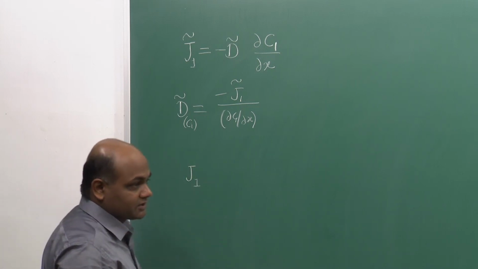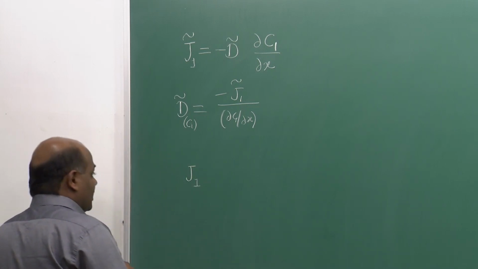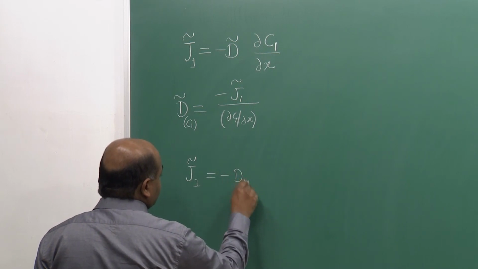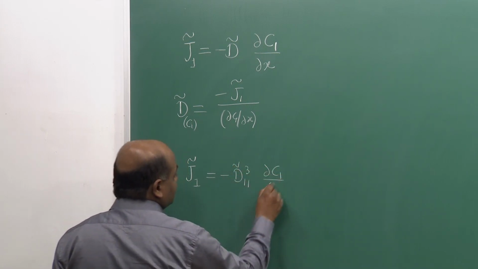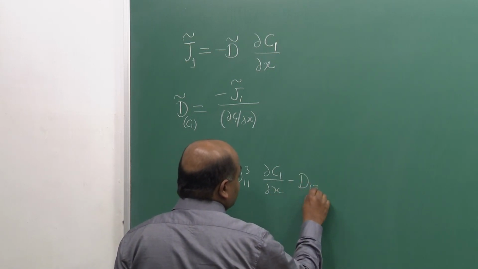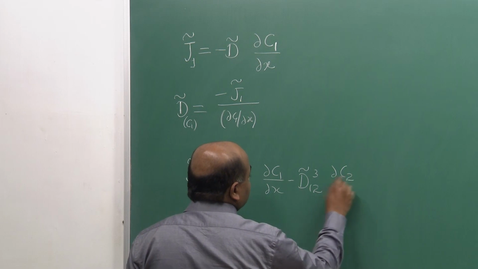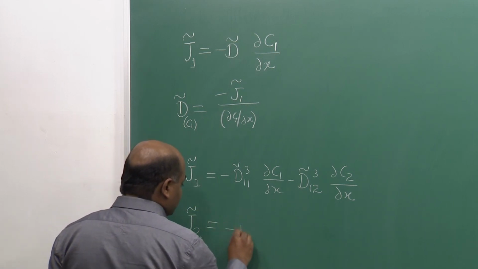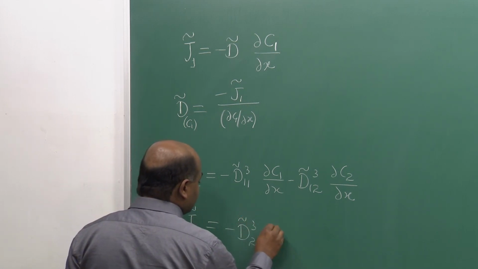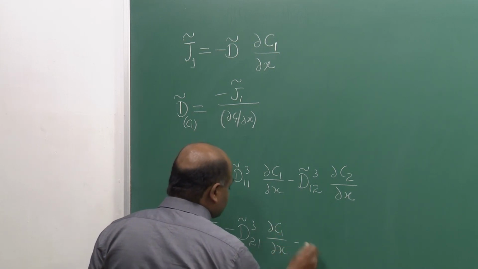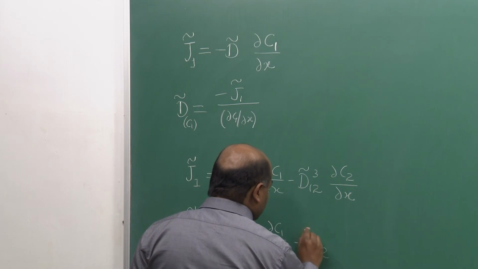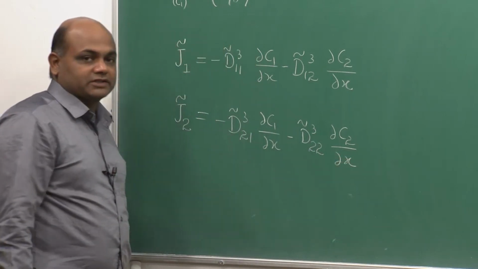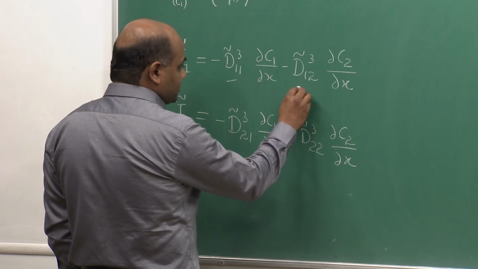So, if we consider the system, let us say 1, 2, 3, and if we treat 3 as the dependent component, we can write J1 tilde equal to minus D11 tilde 3 ∂C1/∂x minus D12 tilde 3 ∂C2/∂x, and the second independent flux J2 tilde is equal to minus D21 tilde 3 ∂C1/∂x minus D22 tilde 3 ∂C2/∂x. We have 4 interdiffusion coefficients.